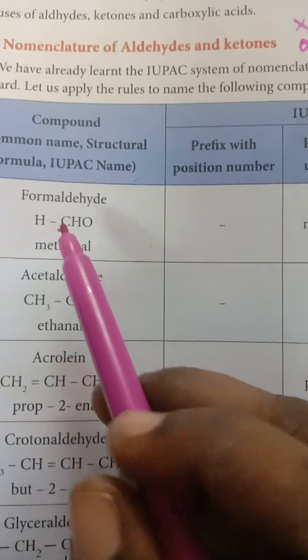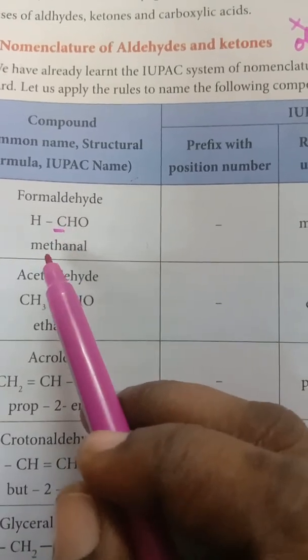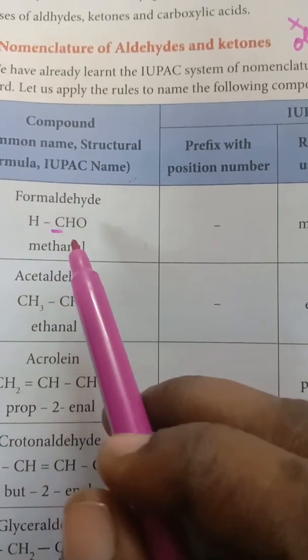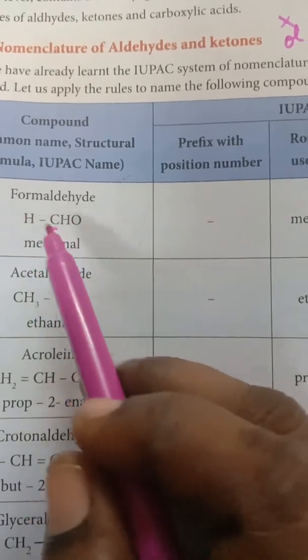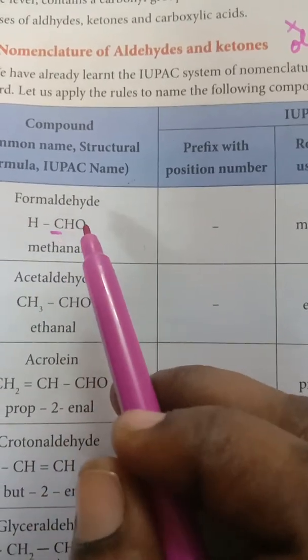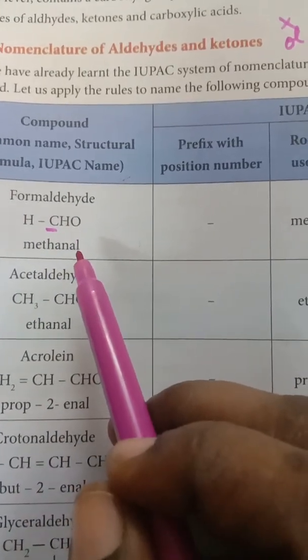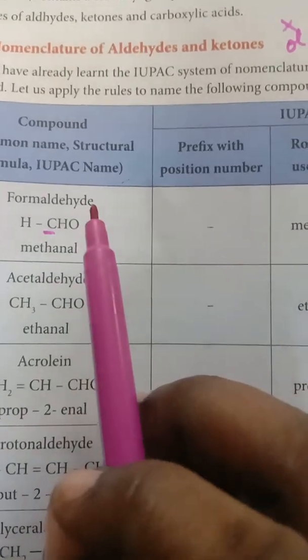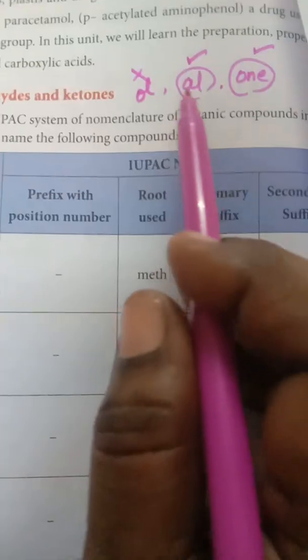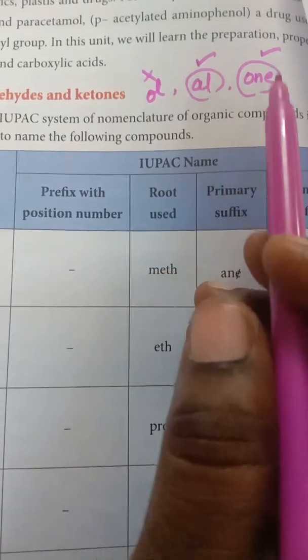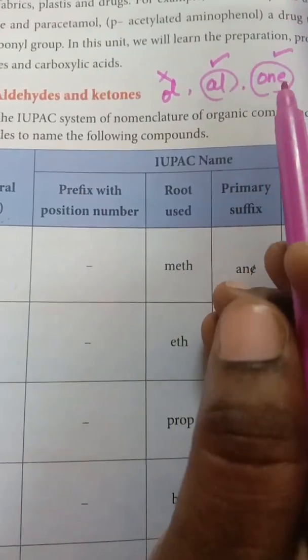If it contains only one carbon, we say meth. Only a single bond is there, and the functional group is aldehyde, so you say "al". The basic thing you have to remember is, if it is an aldehyde, it should end with "al", and if it is a ketone, it should end with "one".